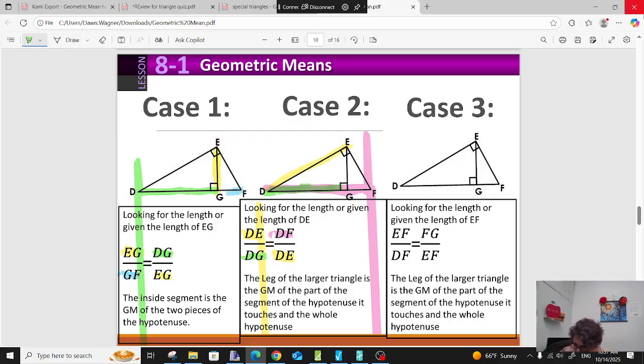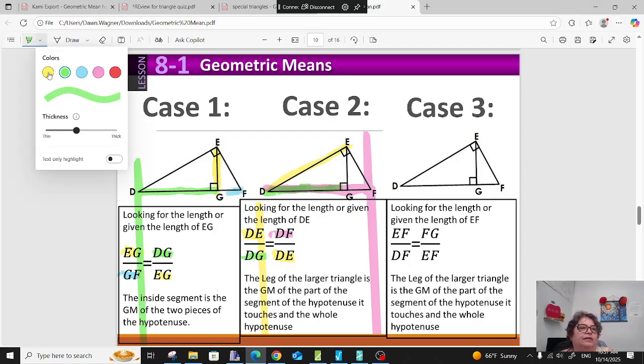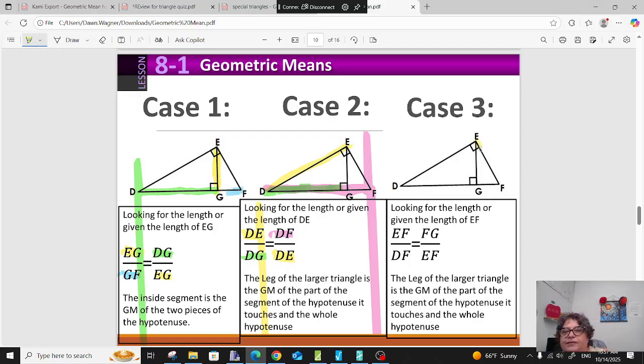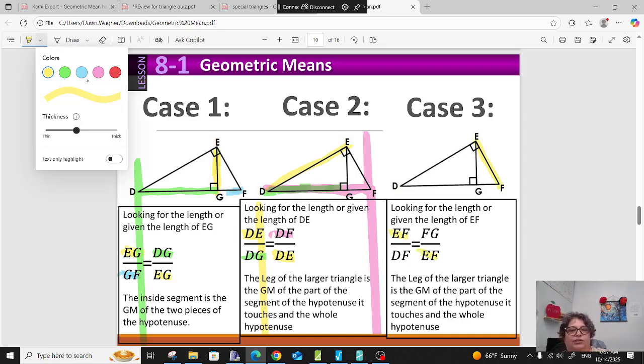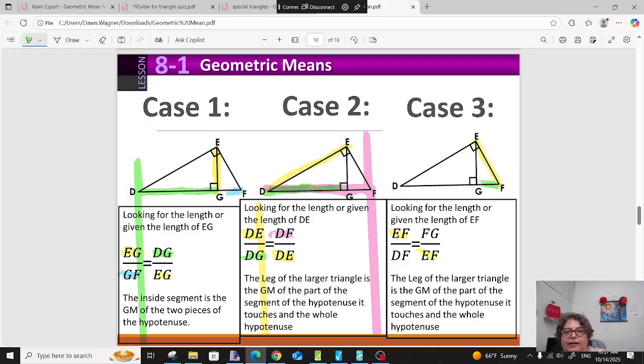And now I need to find my pen. Where did you go, pen? Oh, here it is. Okay, so EF is the geometric mean. I see it up and I see it down, right? Then I'm going to use the part it touches, which is right here, and then what?